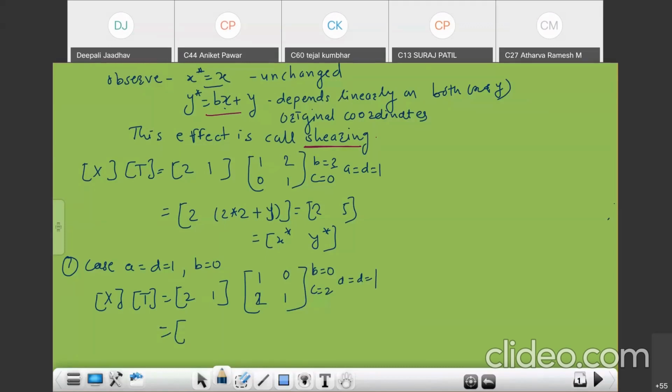In this case, it is opposite. When we multiply this, Y star is equal to Y and X star is equal to X plus CY.